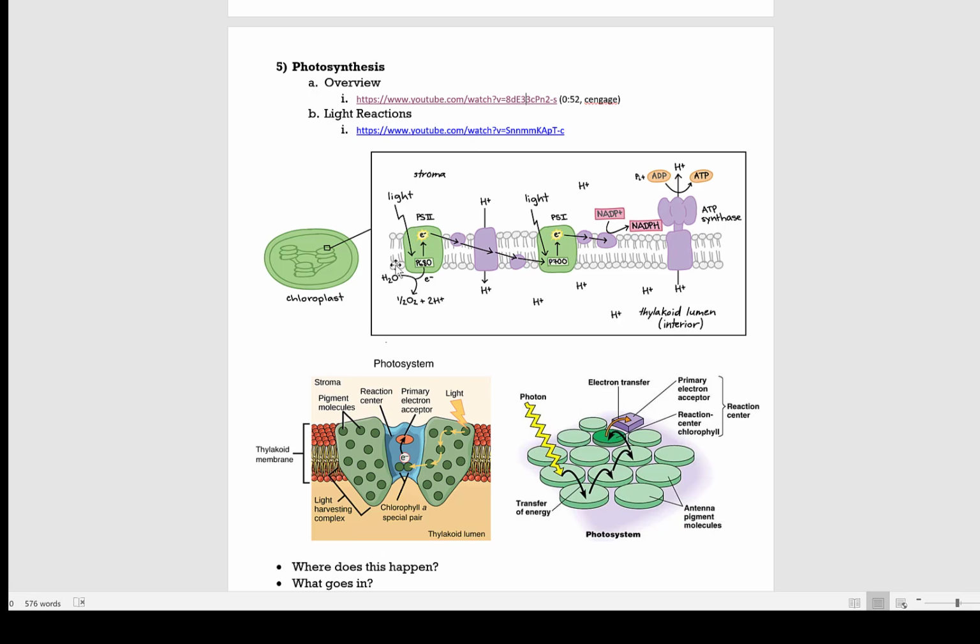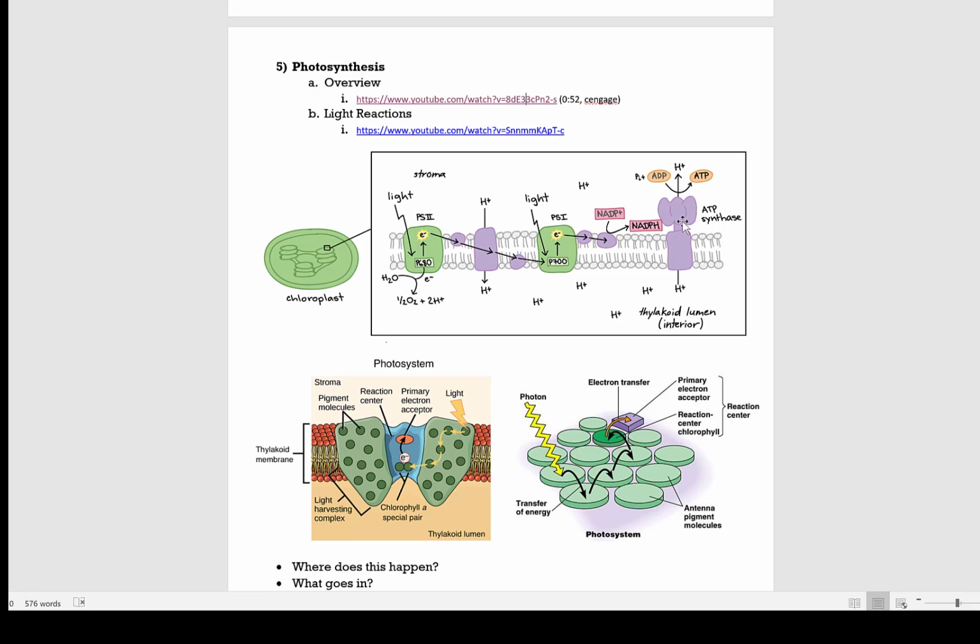In the mitochondria and in the cristae, we had embedded proteins that acted as an electron transport chain to actively pump protons into a region that would then, by passive diffusion, move through the ATP synthase channel protein and enzyme, and that would phosphorylate ADP and produce a lot of ATP.